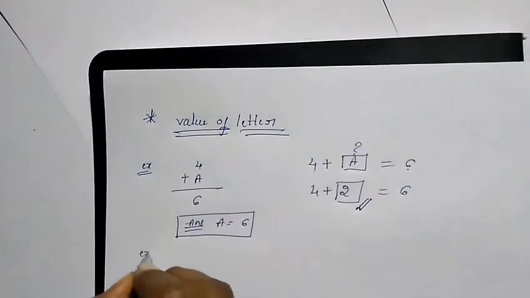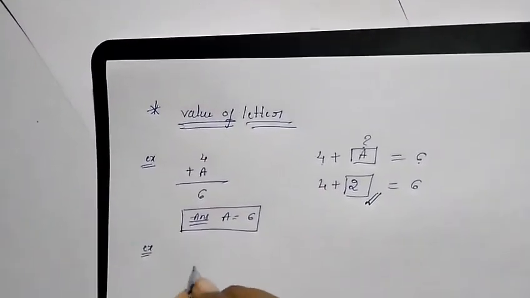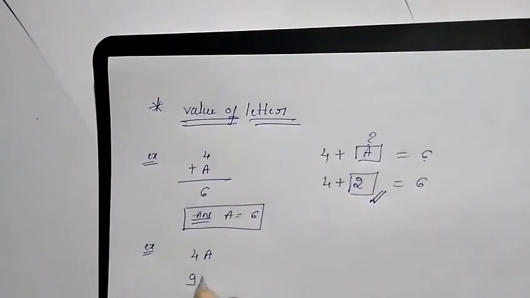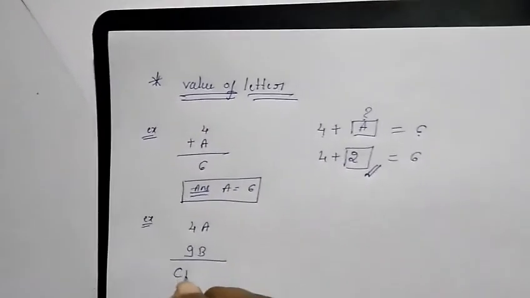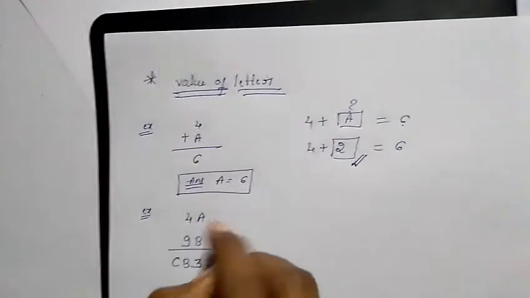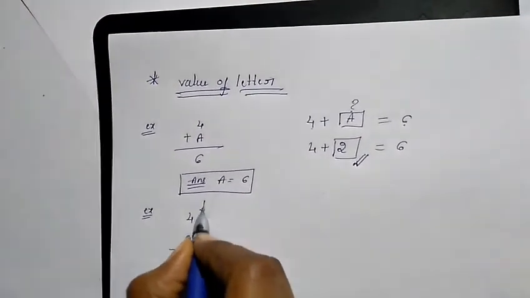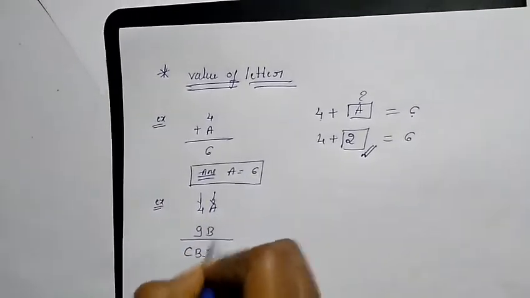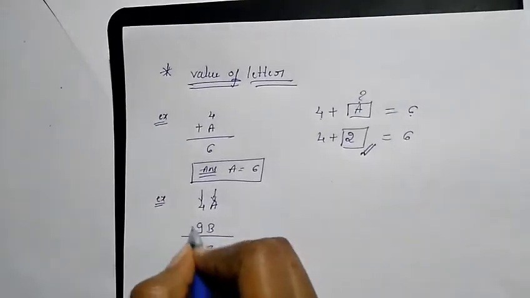In upcoming classes you can get questions like two-digit numbers: 4A plus 9B equal to C3. Observe here, when you are adding the numbers, you go column-wise. First you add the unit place numbers, after that you go to the next.